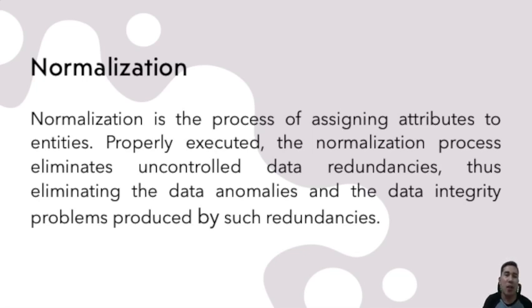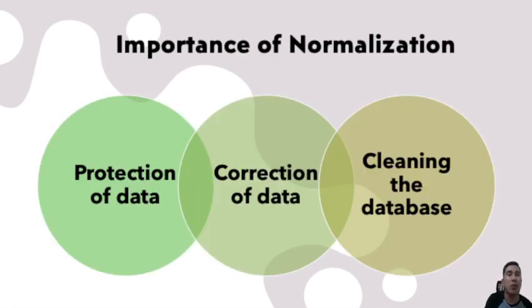And of course, our data or our database could be protected. So that is why one of the most important things about data normalization is that we are able to protect our data. We are able to correct our data. And of course, we are able to clean up our data.